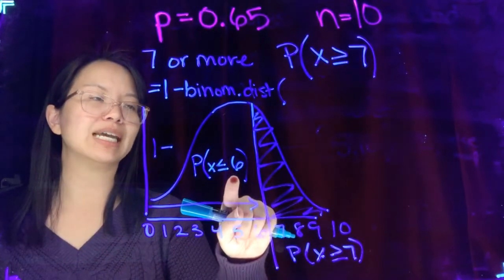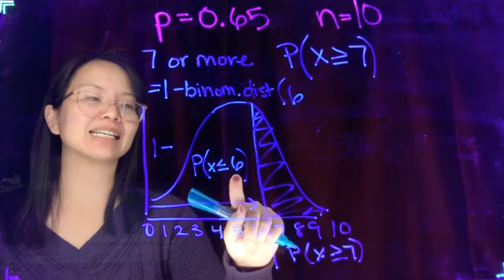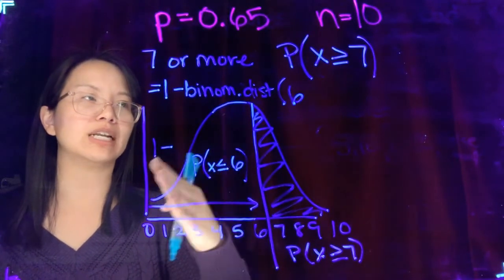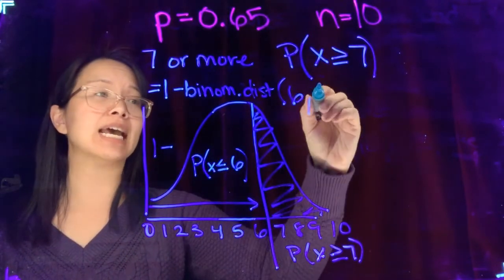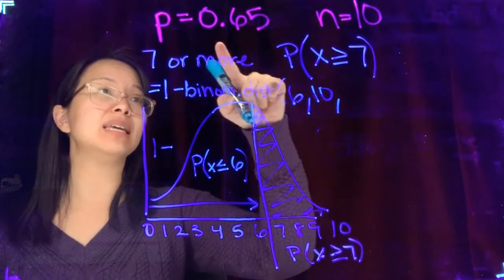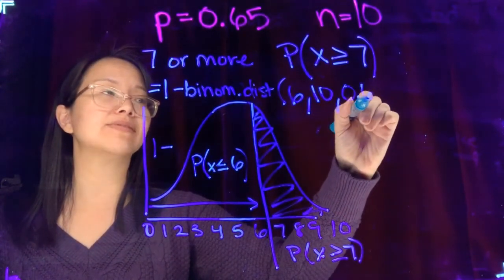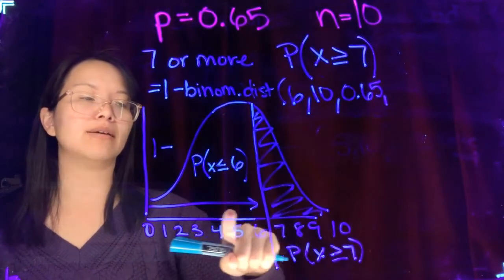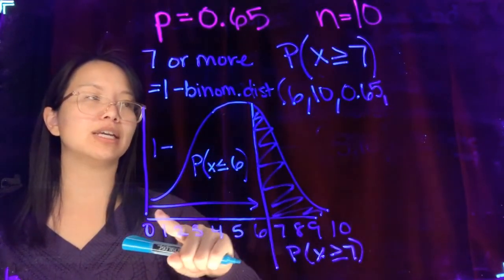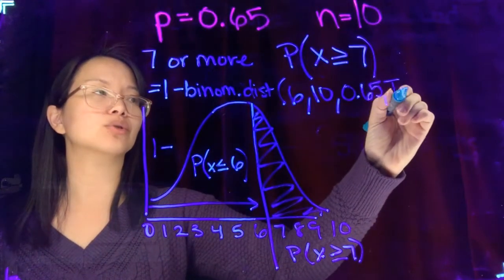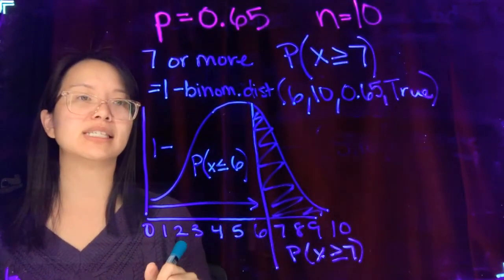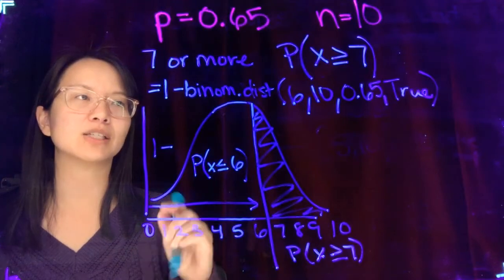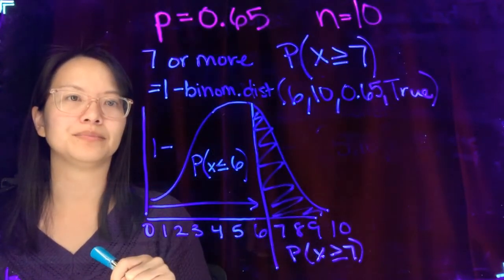I'll plug in 6 for my x, because this is the part that I'm getting rid of right here. My n is still 10. My p is still 0.65. And we are adding up all the probabilities in this area here. So type in true, close parentheses, and that'll be the process for this scenario.